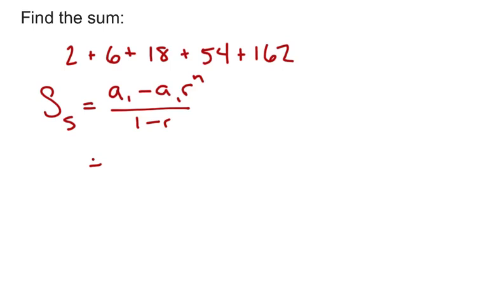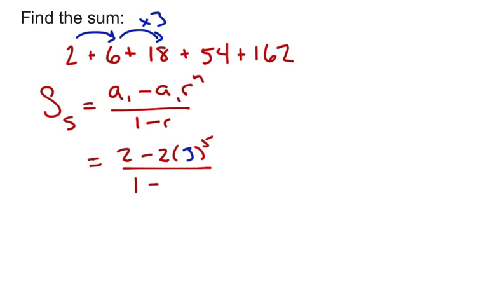So since we're finding the sum of 5 terms, we start with our first term, minus our first term times the common ratio to the 5th power. Every time we were multiplying by 3, so that's our common ratio here. And we divide by 1 minus our common ratio, which is again 3.